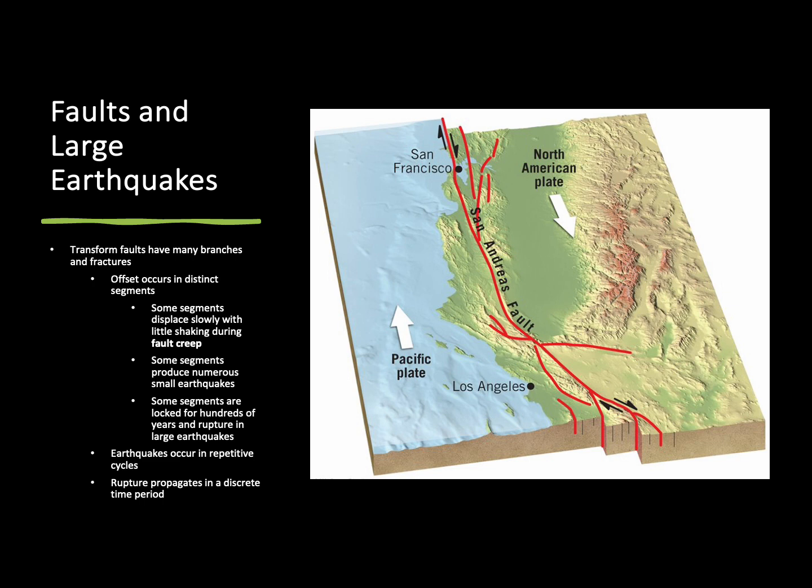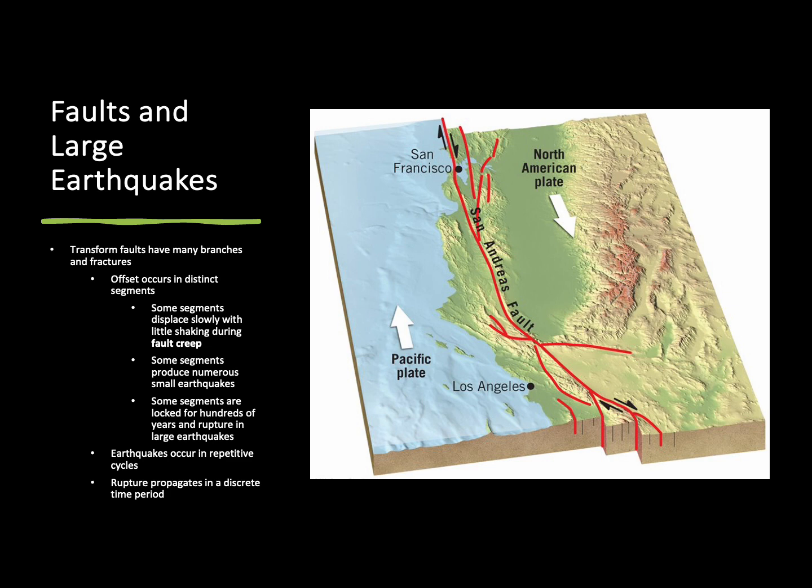The convergent boundaries aren't the only type of boundary that can create these large and destructive earthquakes. We'll see that transform boundaries can do them as well. And that's because when we look at a transform boundary, it's not really just one fault or one broken area. We're going to see that that transform fault is broken up into lots of smaller segments that are all moving in relation to each other.